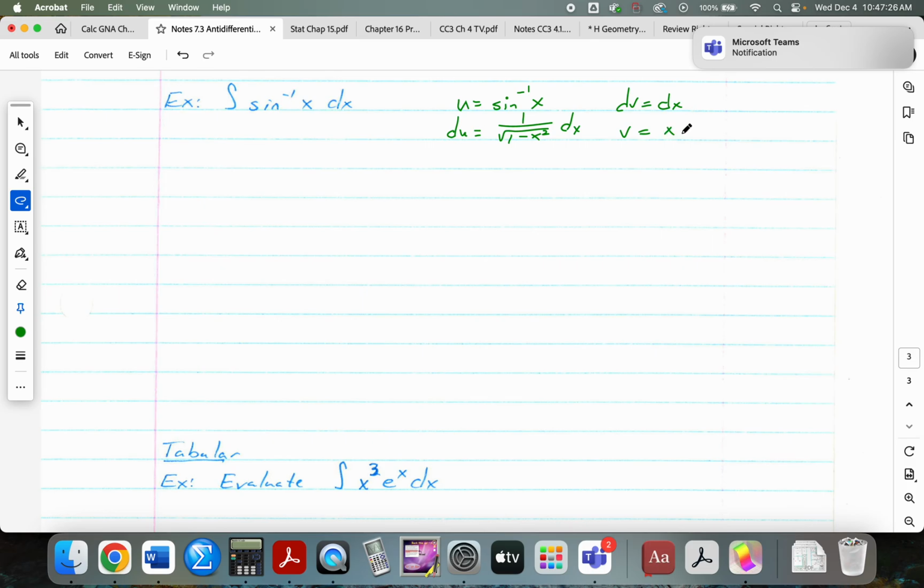And v is x. So we have u times v, x times the sine inverse of x, minus the integral of x over the square root of 1 minus x squared dx.